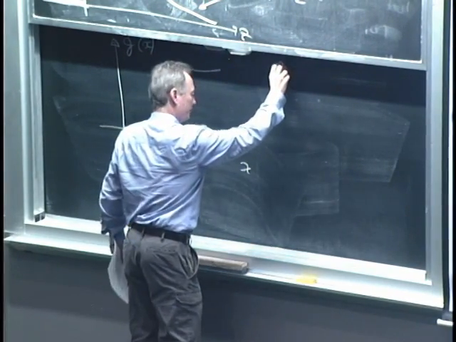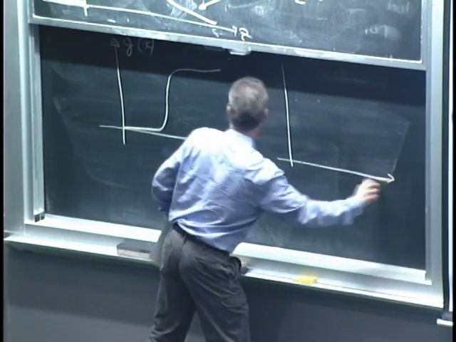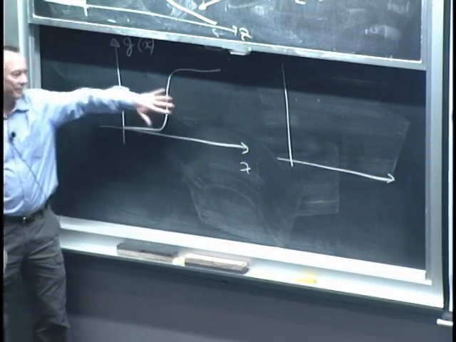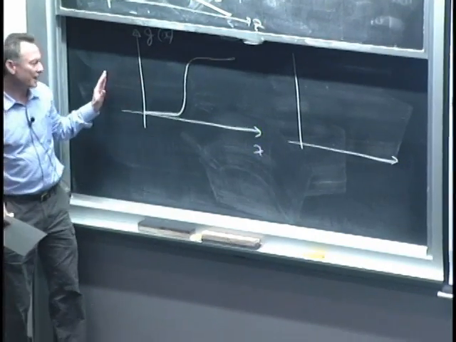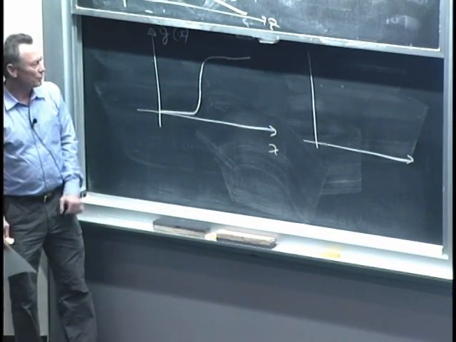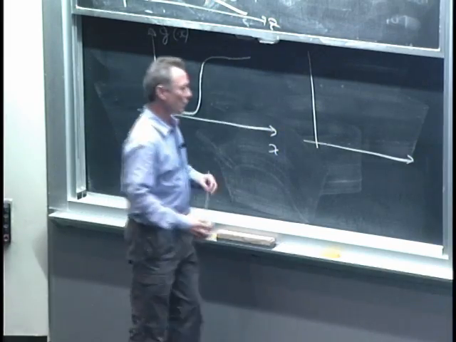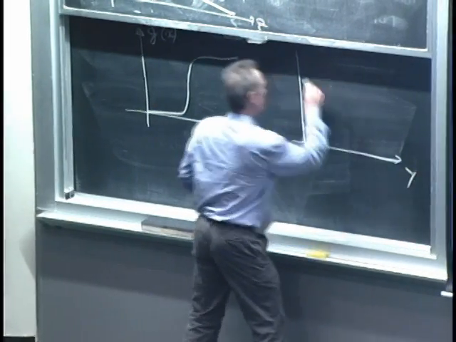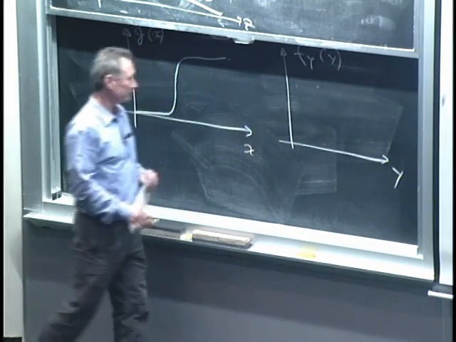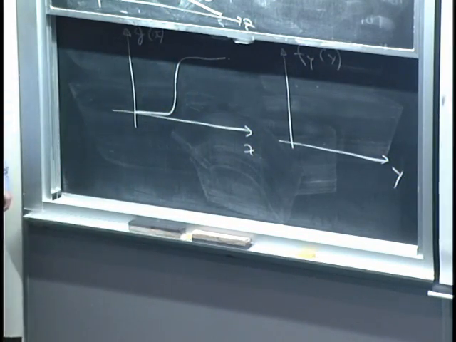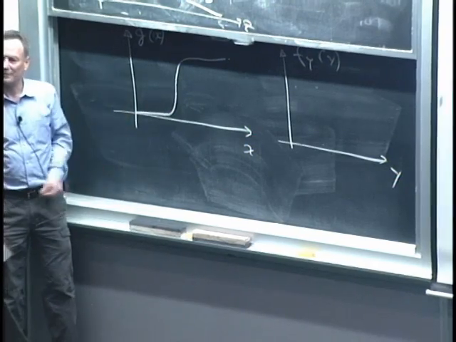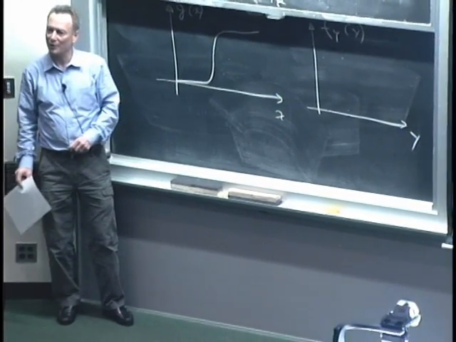And suppose that x has some kind of reasonable density, some kind of flat density. Suppose that x is a pretty uniform random variable. What's going to happen to the random variable y? What kind of distribution should it have? What are the typical values of the random variable y?